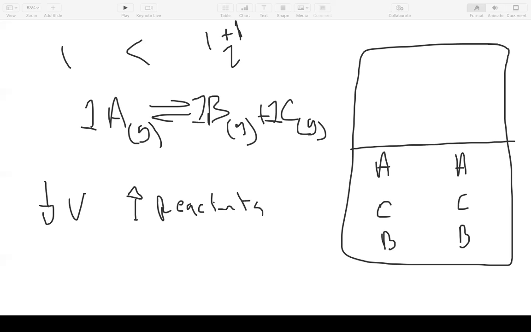So B and C will recombine to form A. Since with A we only have one thing bouncing around in there, whereas on the product side we would have two. That's how I like to think about it, how to visualize it. Okay, now it makes more sense. Thank you. Yeah, that's what's going on behind the scenes from the rules.